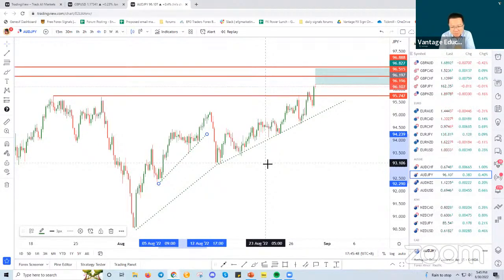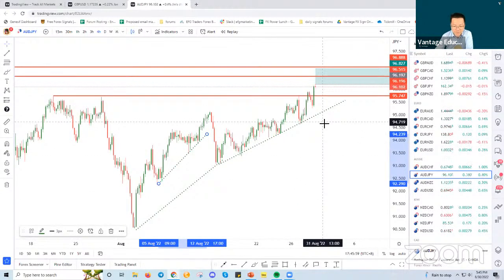In this case, on the Aussie yen, I wouldn't be looking for medium or longer term selling opportunities because every trend line that I'm drawing is upwards. A lot of times I see that retail traders struggle a little bit to identify a trend.